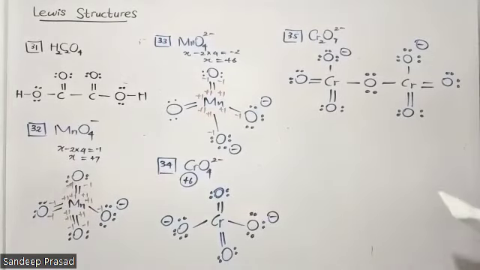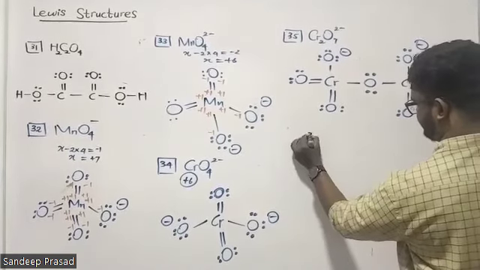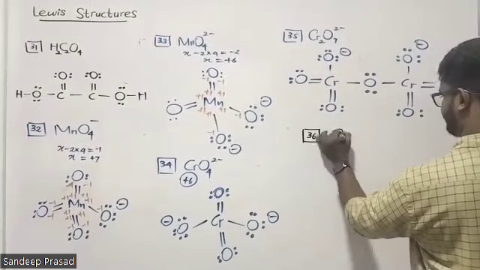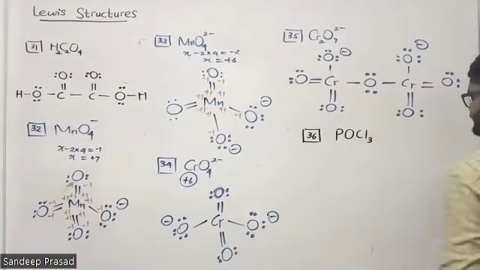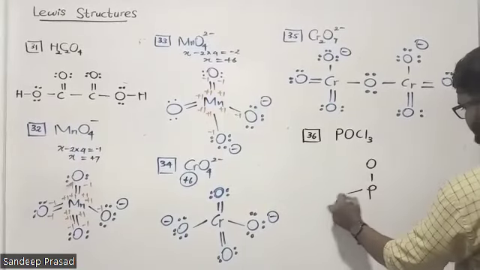Next one, 36. POCl3. Phosphorus is the central atom. Oxygen, chlorine.